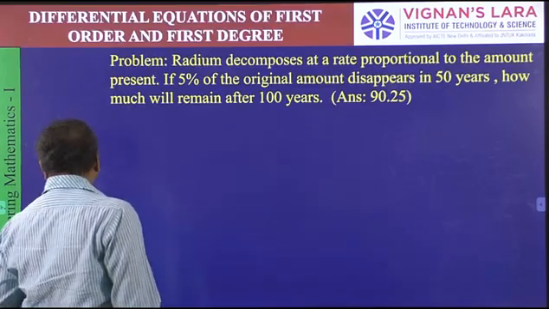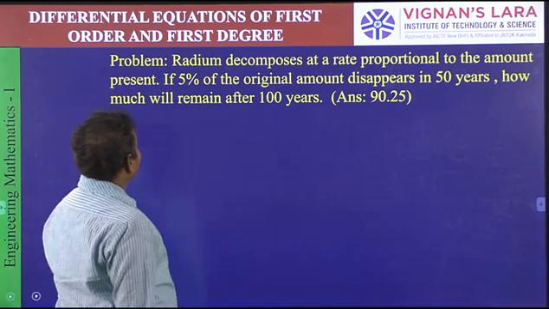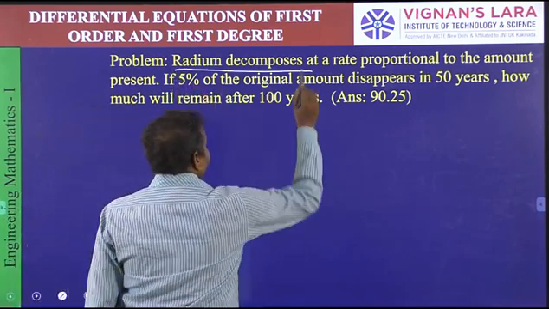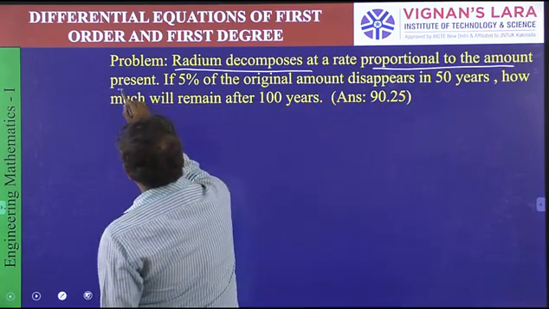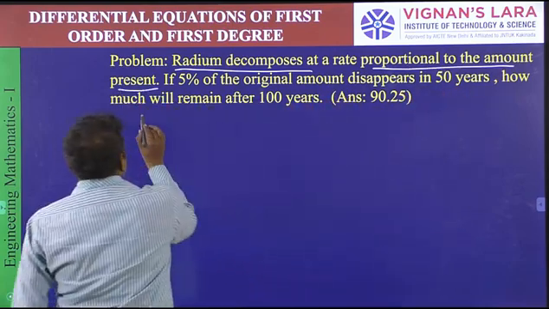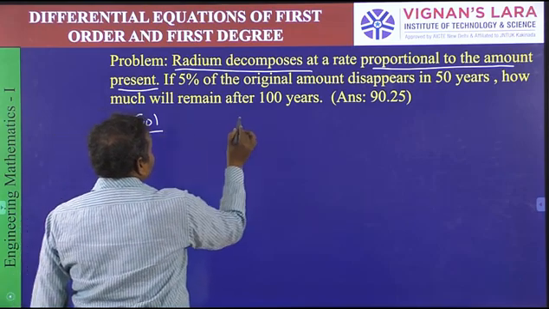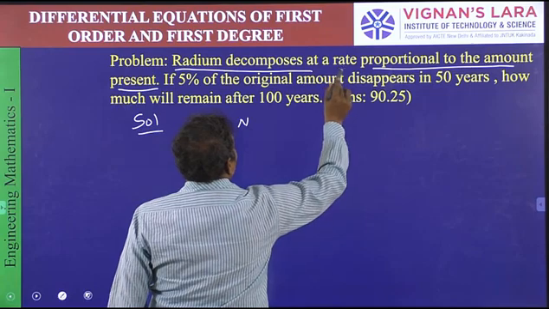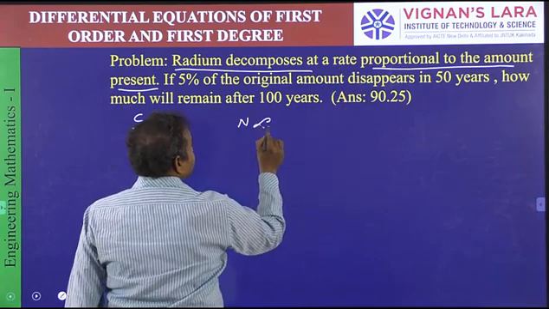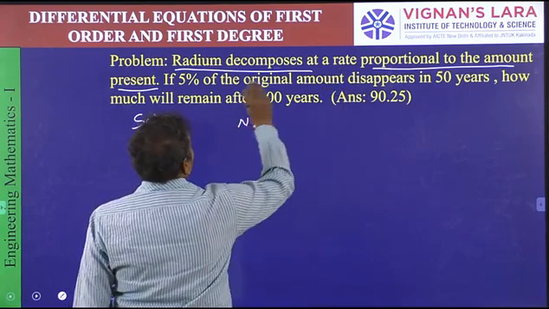Now we are going to another problem. Radium decomposes at a rate proportional to the amount present. Suppose the radium quantity is N, which decomposes at a rate proportional to the amount present.